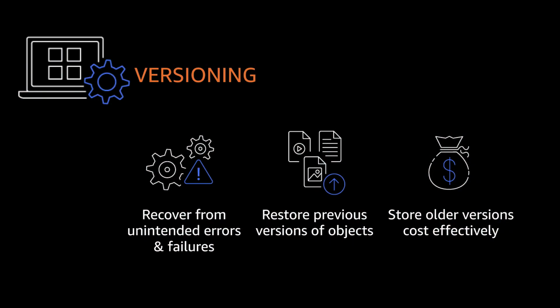With this feature enabled, you can use previous versions of your objects to recover from unintended user errors and application failures. By default, S3 object access requests will retrieve the most recent version, while older versions can be accessed with the specific version ID through either the Management Console, the CLI, or the SDK.